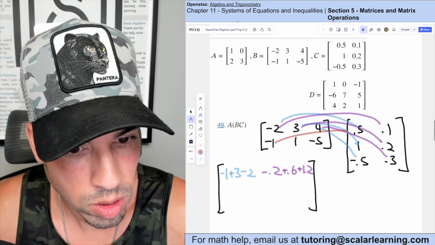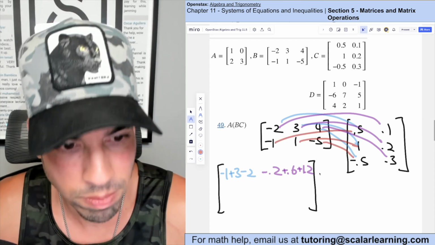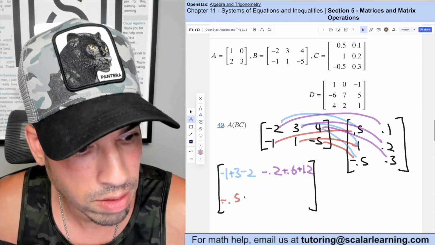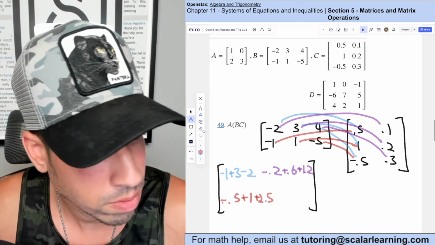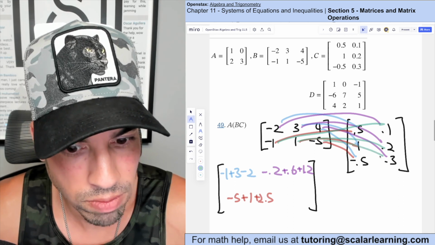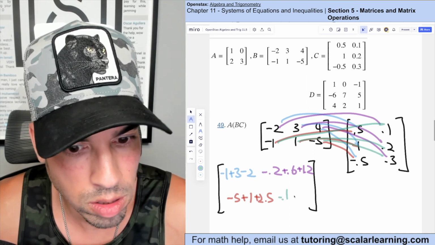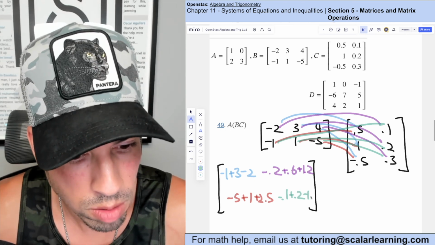Next, we have negative 1 times 0.5, 1 times 1, negative 5 times negative 0.5, and that is negative 0.5 plus 1 plus 2.5. And then we got negative 1 times 0.1, 1 times 0.2, negative 5 times 0.3. So that's negative 0.1 plus 0.2 minus 1.5.